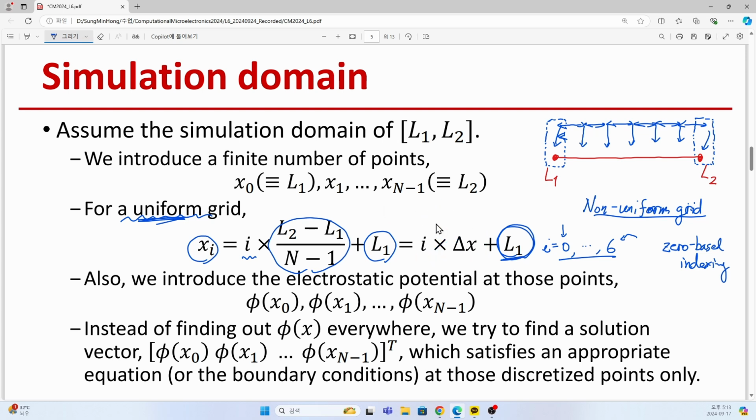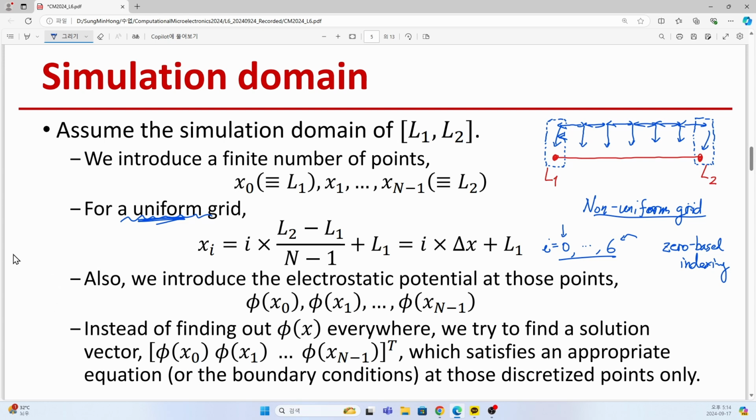And if we have the last point corresponding to n minus 1, then this product will give us unity, and the sum of these two numbers will give us just L2. So we can easily understand this expression correctly makes points uniformly distributed all over our simulation domain.